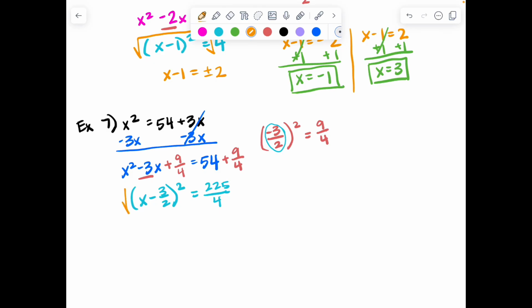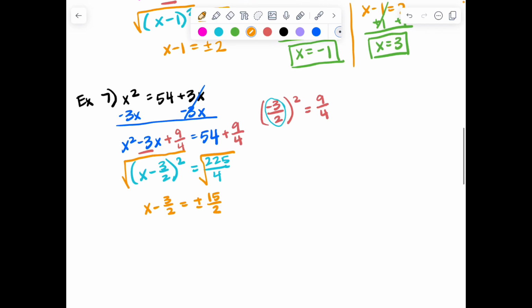Now we can take the square root, and this becomes x minus 3 over 2 equals, use your calculator if you need to, the square root is positive and negative 15 over 2. Solve it both ways.